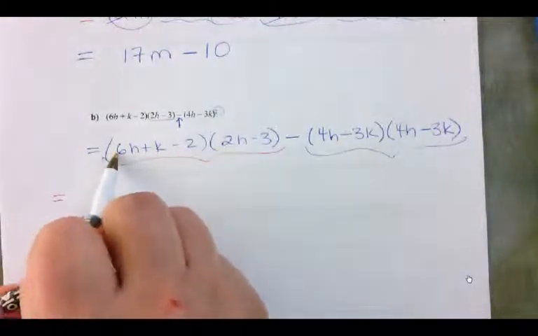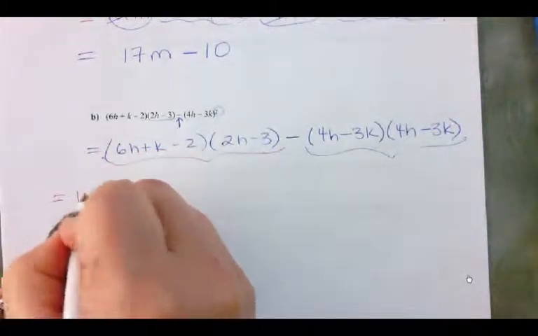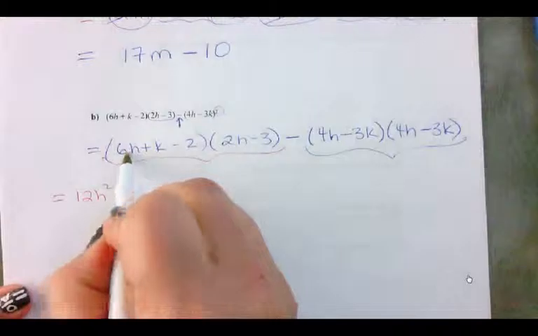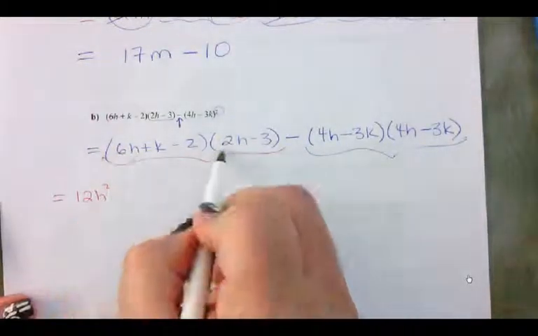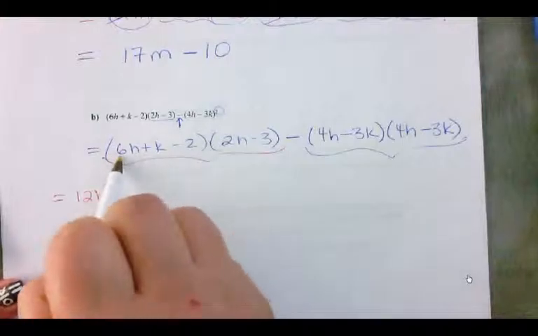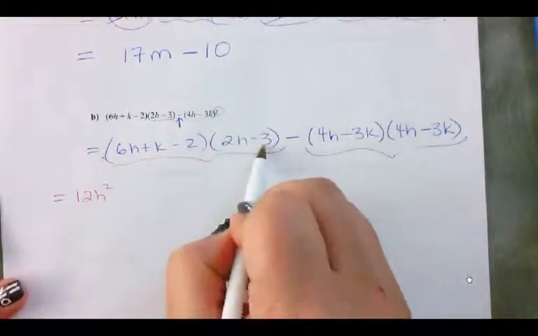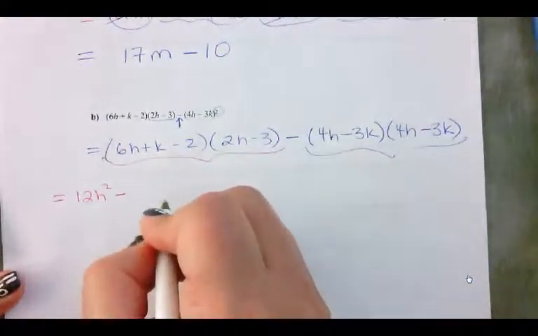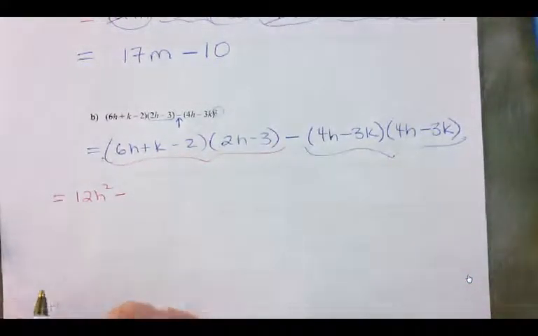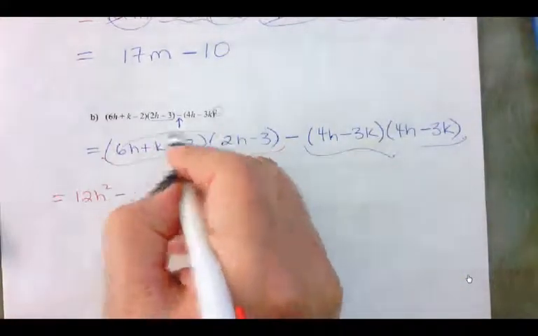Okay, so this is going to be 12h squared, and then 6 times this, and then 6 times this, which is negative, what? Okay, here I'll draw the arrows.